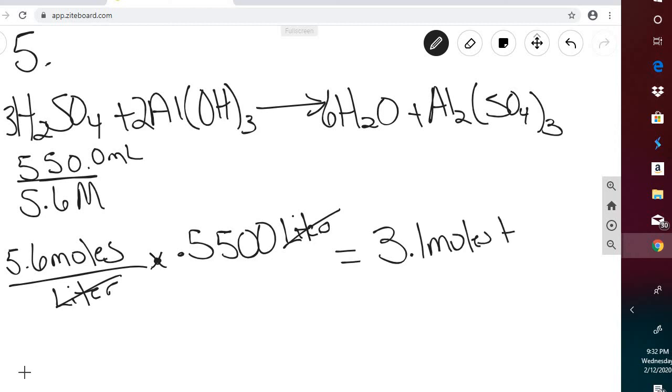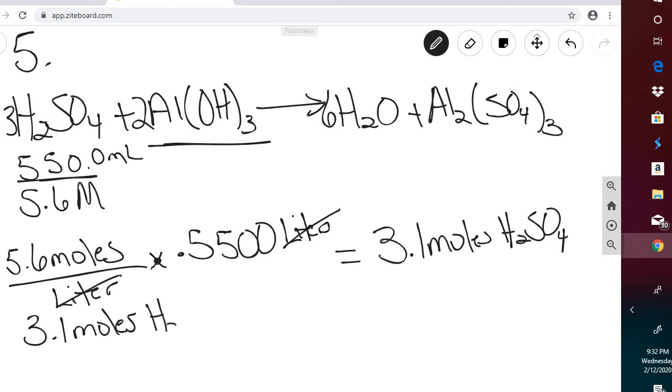of H2SO4. Okay, now that we know the number of moles of that, we can just do stoichiometry to determine the moles of the aluminum hydroxide. So 3.1 moles of H2SO4.